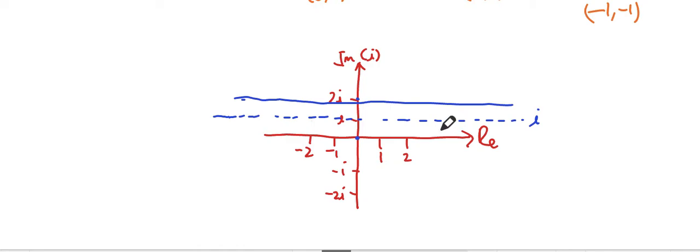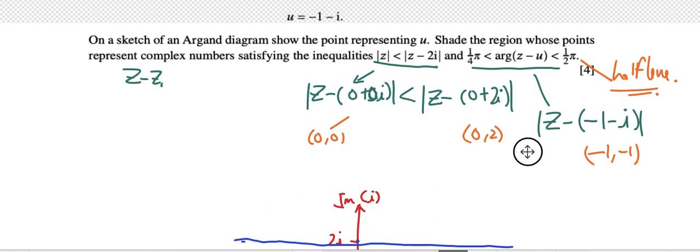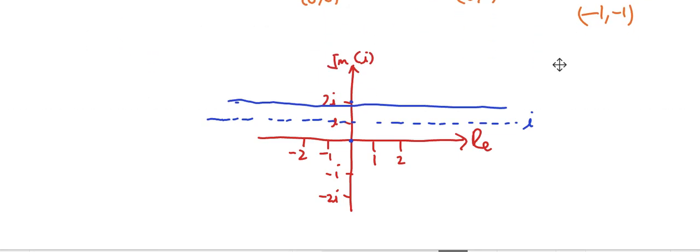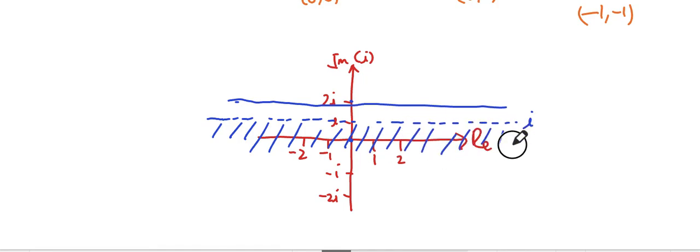Where is the region that it covers? Less than, between these two, less than 0. It's going towards the origin, so this is the region that we have to shade, everything under here, not just here.